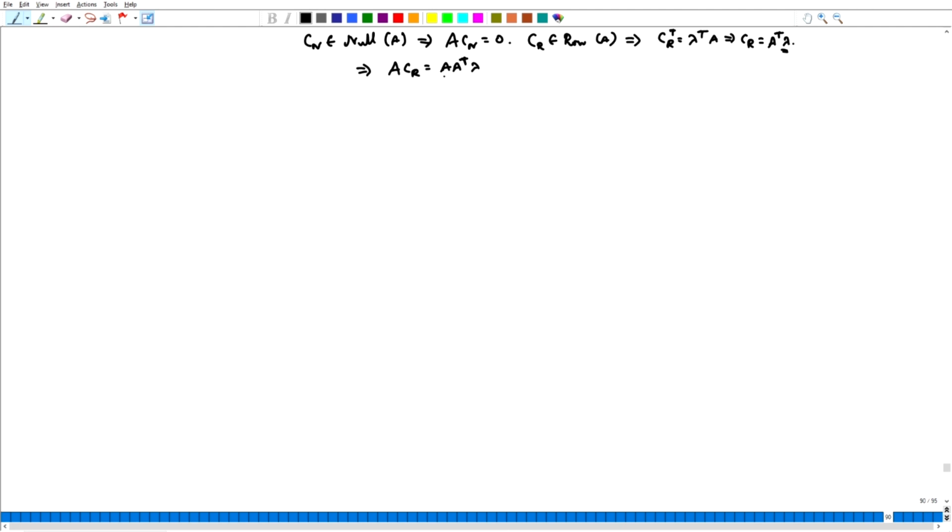So A A transpose will be an m cross m matrix, and since it is the product of two rank m matrices, you will get a rank m matrix as well. An m cross m matrix having rank m is non-singular. So you can invert A A transpose. Pre-multiplying by the inverse of A A transpose on both sides, you will have A A transpose inverse A Cr equals lambda.